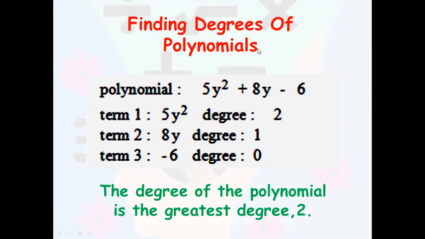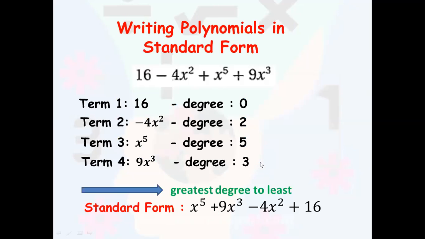When you're finding the degree of polynomials, you have to find each of the terms' degrees separately, and then choose the degree which is the highest. This is how you find the degree of polynomials. The greatest degree becomes the degree of the whole polynomial. It's very easy, just that you need to take some time and understand.